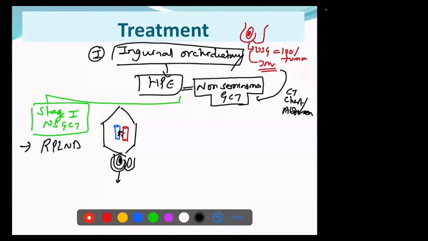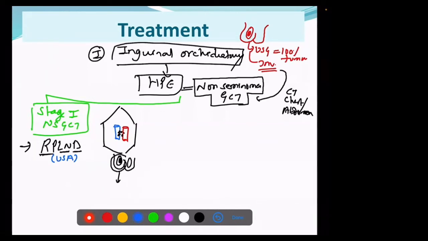RPLND, that is retroperitoneal lymph node dissection. That is, remove these retroperitoneal lymph nodes. It seems to be a bit aggressive surgery. This is usually done in the USA, and those who follow American guidelines, they do that. The problem in removing these lymph nodes is that it causes a lot of complications like lymphedema, problems in the lower limbs, local complications, infections, and so on.